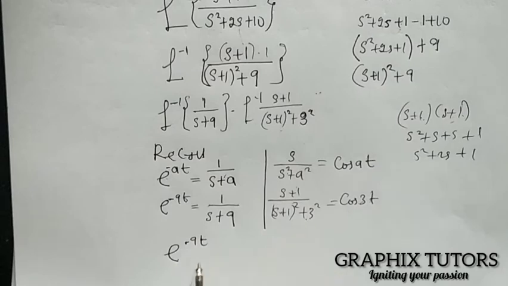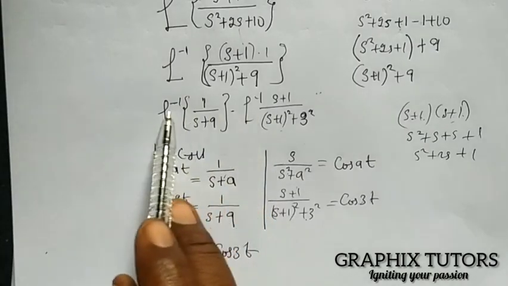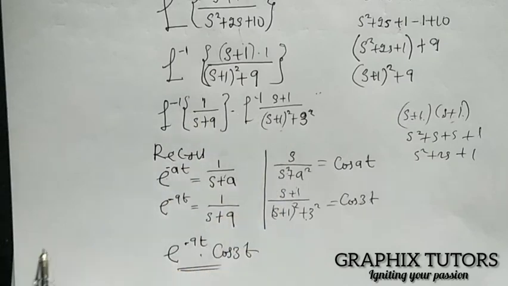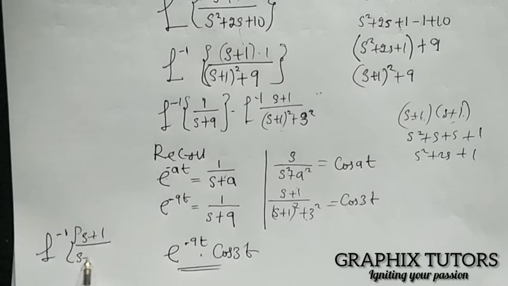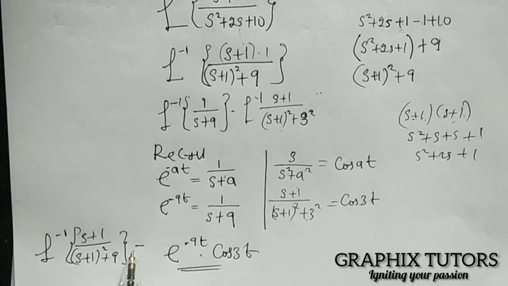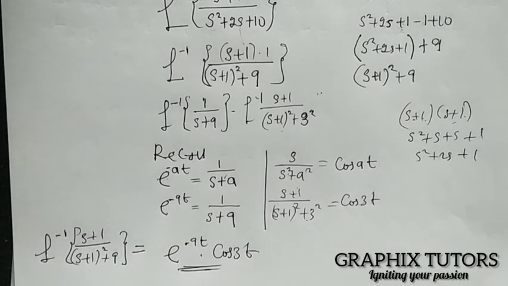So this will now give me cos 3t, right? So what I'm trying to say is that the inverse Laplace of s plus 1 all over s plus 1 all squared plus 9 will give me this as my answer. So thank you for watching.